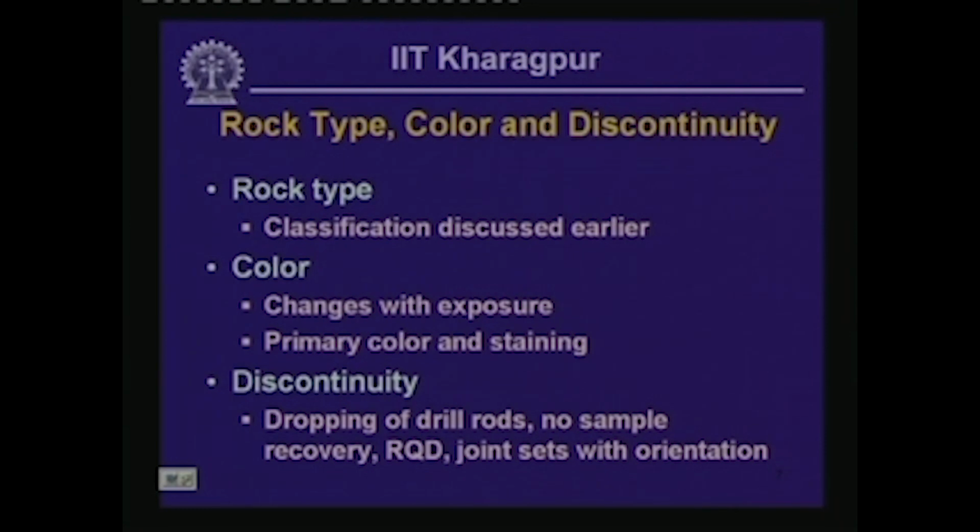Rock samples also change their coloration with exposure to the weather. So, colors will have to be described as soon as a rock sample is available during the subsurface investigation process, and here we also have to describe the primary color and any secondary staining which might be due to the action of groundwater or other agents.